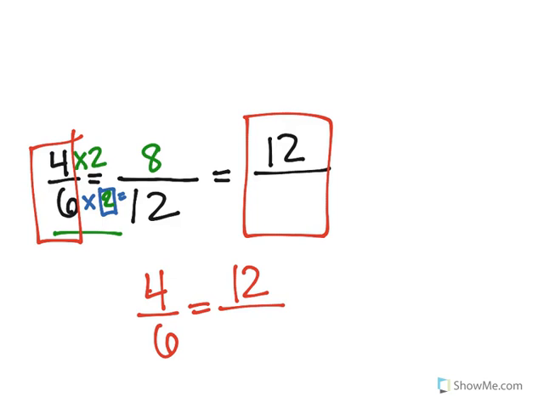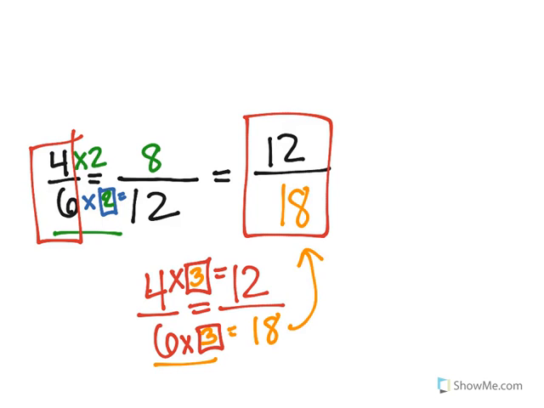This time, instead of asking what I multiply my denominator by, I ask what do I multiply my numerator by? Well, 4 times what equals 12? You guys are right, 3. So I multiply 3 to my denominator, which would give me 6 times 3 equals 18. So 18 would be that missing part.